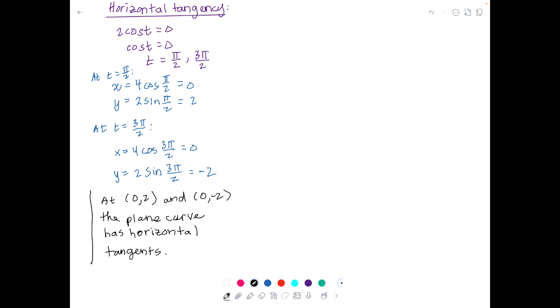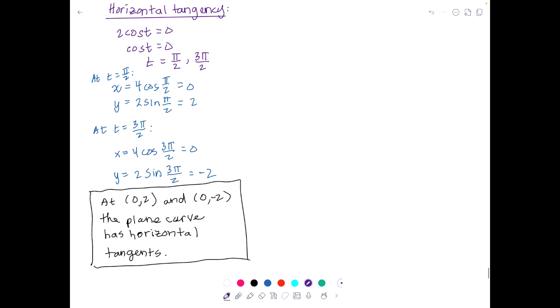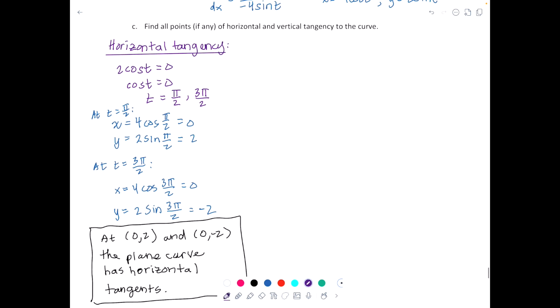Awesome. All right, now the other way we do this, and this will be for vertical tangency, we would set dx dt equal to 0.